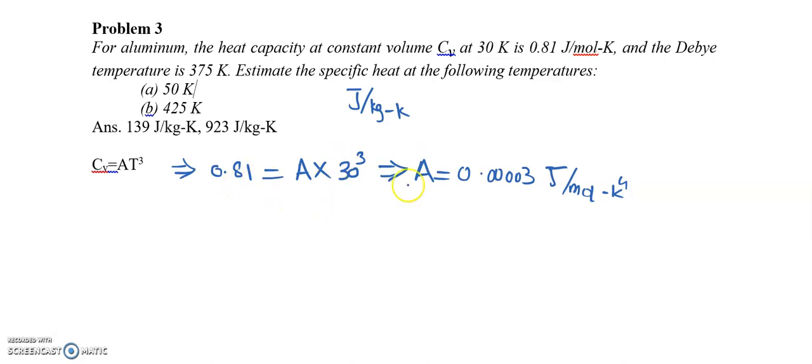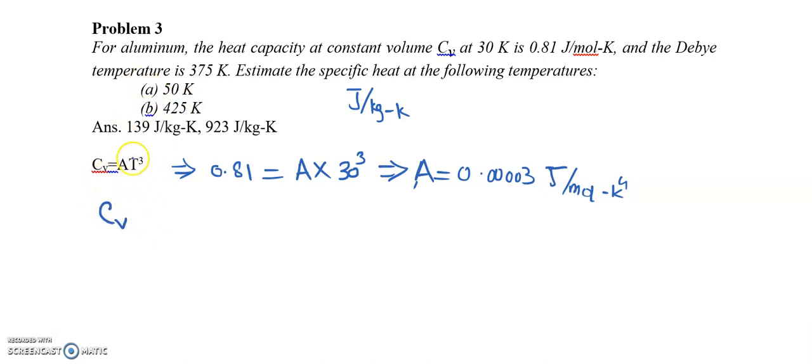This value of A can now be used. Now it has been asked for the temperature of 50 Kelvin. 50 Kelvin is below the Debye temperature, so we can use this equation.